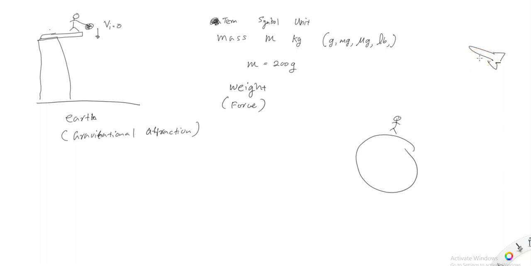You still have the mass, that doesn't change, but in order to have a weight, you have to be in a gravitational field. So coming back to the topic, the tennis ball is up here, you drop it, Earth is pulling on it. Because of the gravitational attraction, it's gonna accelerate.